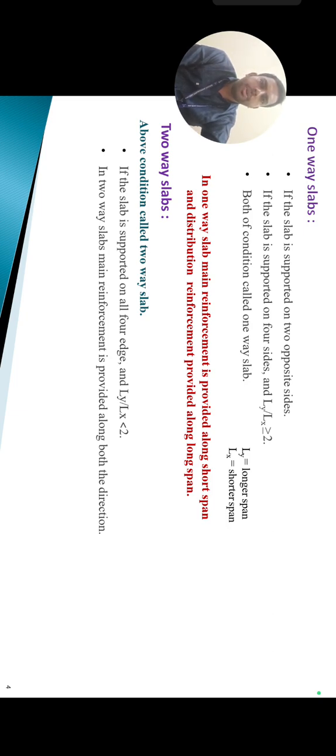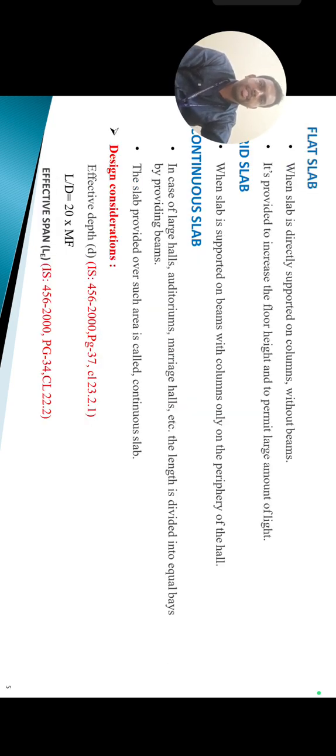In this two-way slab, the main reinforcement should be provided along both directions, shorter and longer. Torsional reinforcement is also provided in the corners of the room, and no distribution steel is provided in a two-way slab.